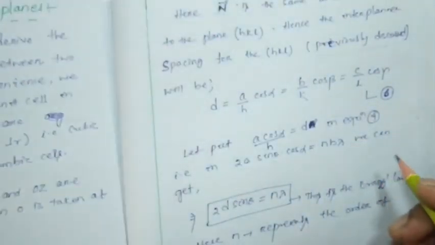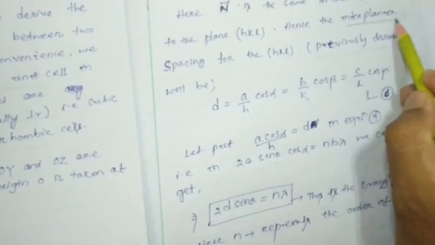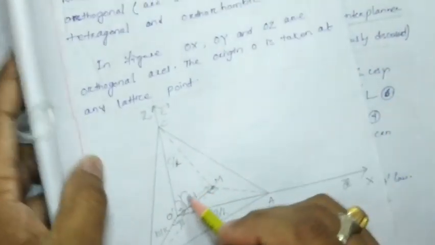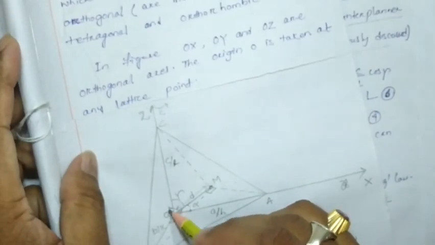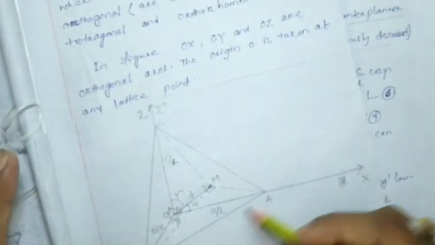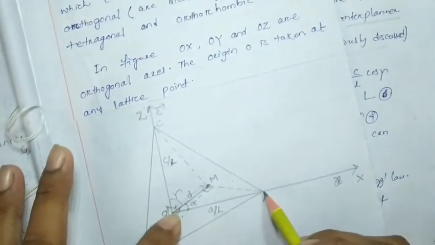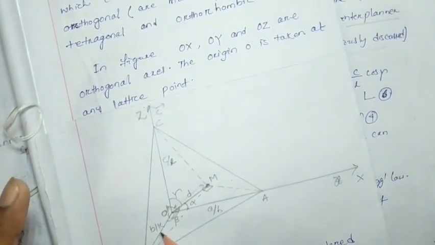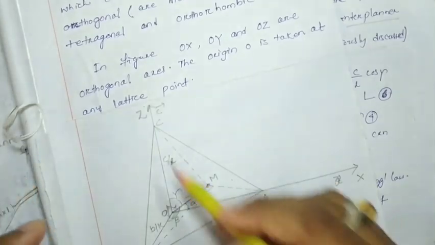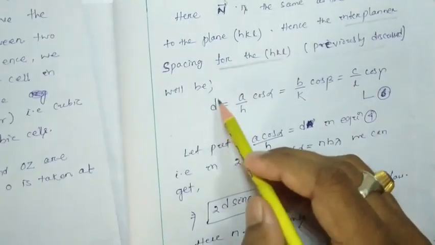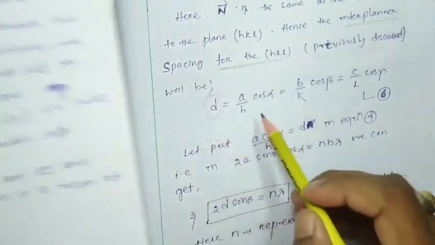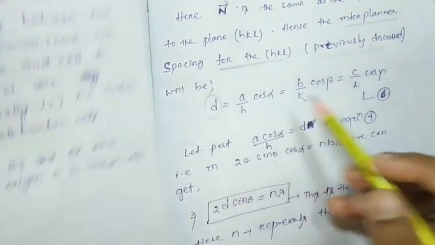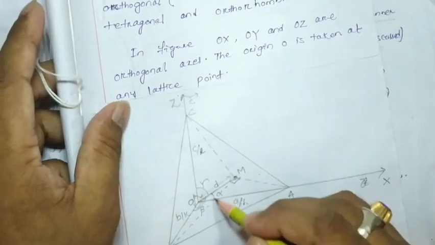If we want to find the interplanar spacing for the plane (h k l), suppose at the origin one plane will be there and here another plane will be there. The intercepts O to A will be a by h, O to B will be b by k, O to C will be c by l. Then d, the interplanar spacing, will be a by h into cos alpha, because this will be the perpendicular and this will be alpha.